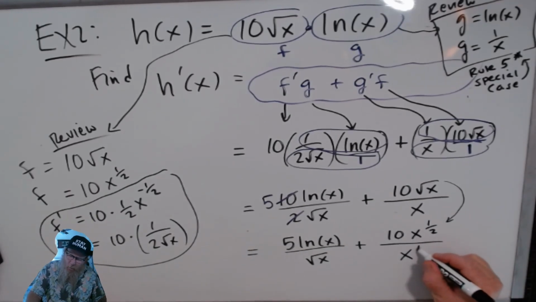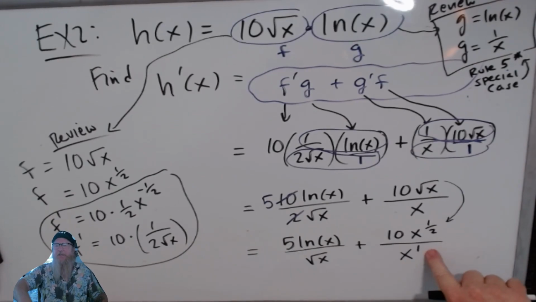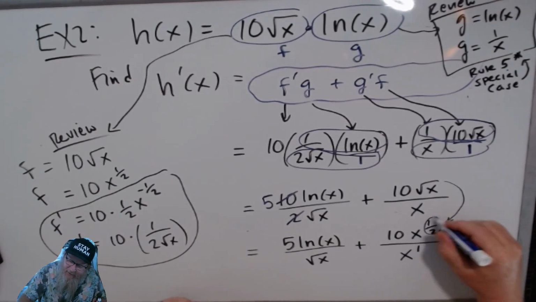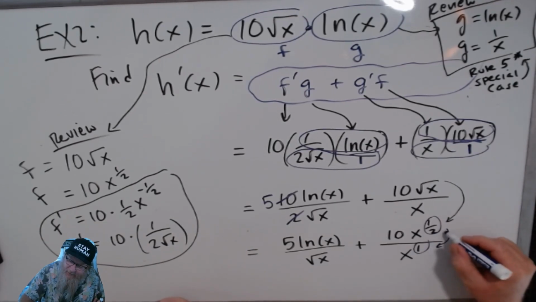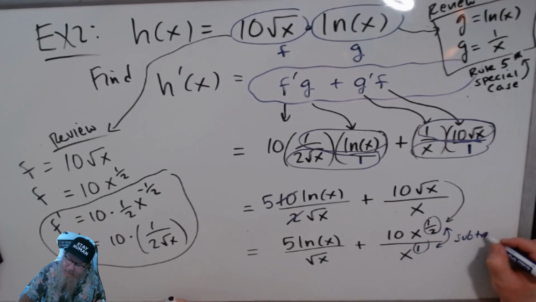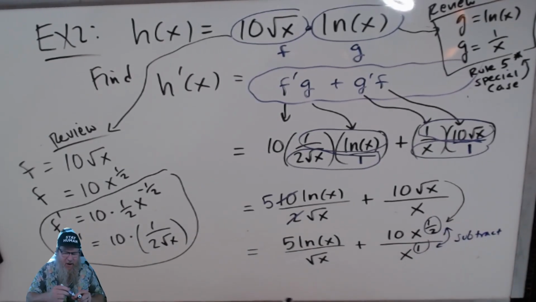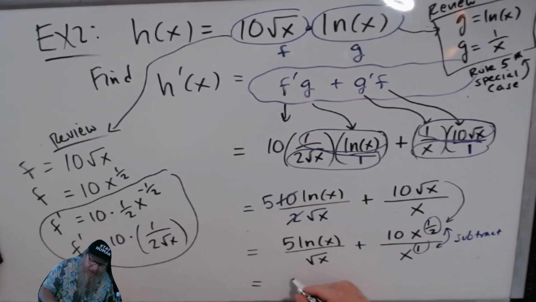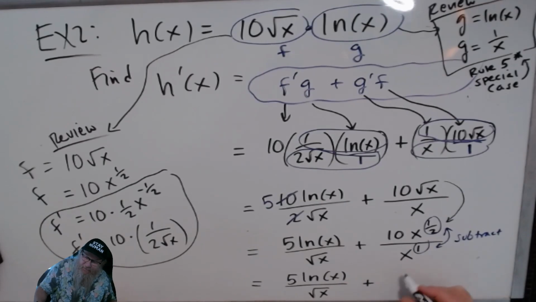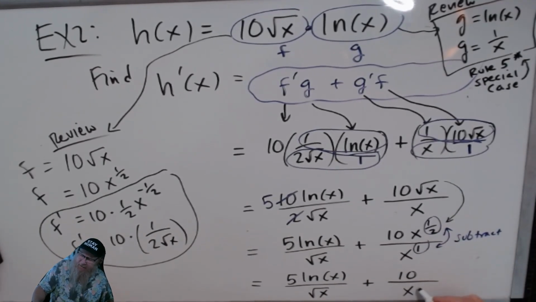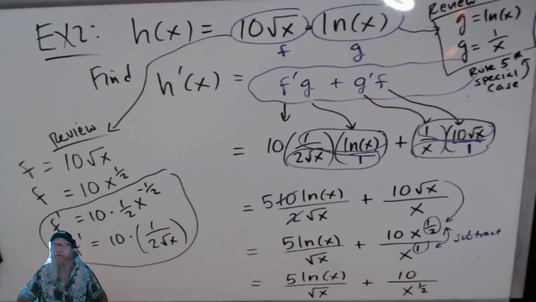And then this is a 1. Yeah, x is really just x to the 1. And then you can subtract these. I usually subtract the largest one minus the smallest one. So it'll be 1 minus 1/2 will give you 1/2.